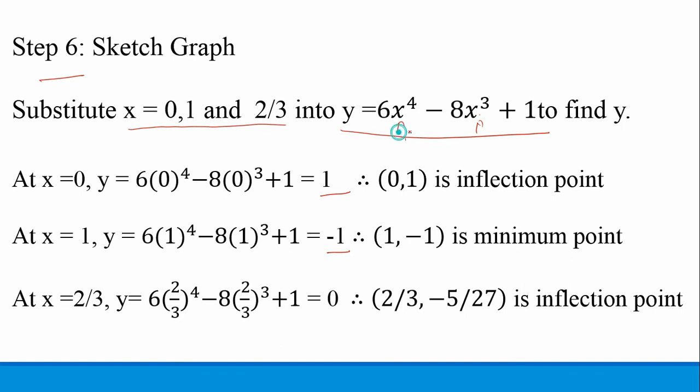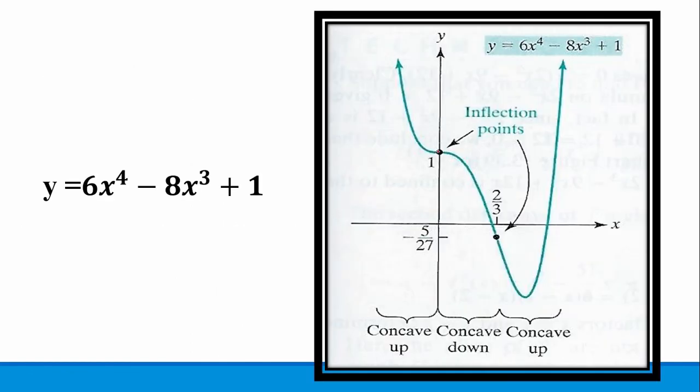Then 2 over 3, it will become negative 5 over 27. Okay, so you will get 3 points. First, this is an inflection point, this is the minimum point, this is an inflection point. So I want to sketch the graph. I put this one first, and also this one.